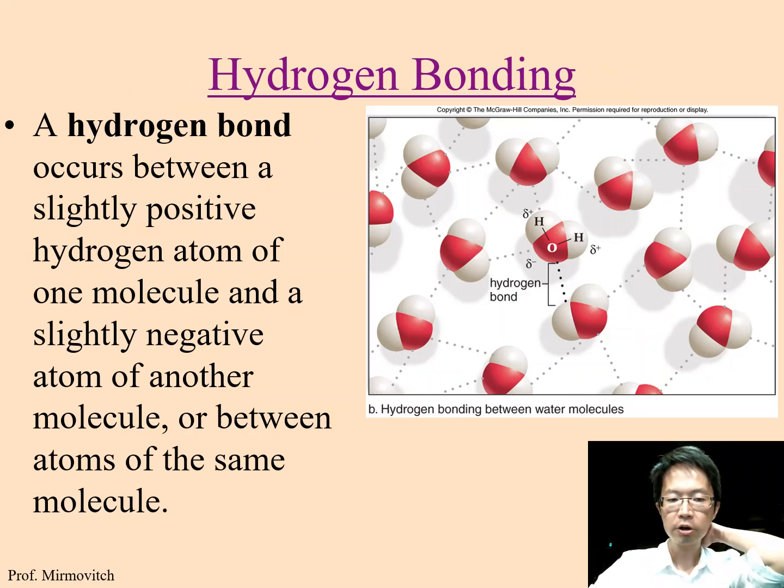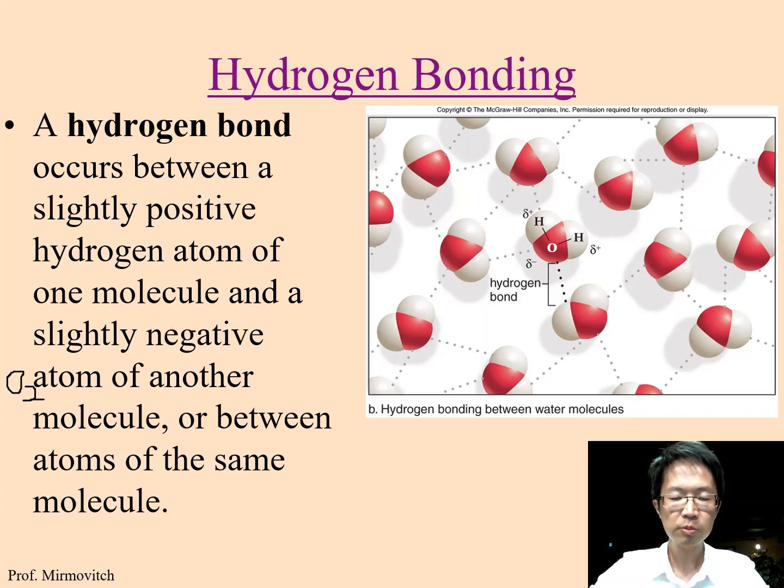Hydrogen bonds occur between a slightly positive hydrogen atom and a slightly negative oxygen atom. Usually it is between 2 separate molecules, but sometimes it can occur within the same molecule.